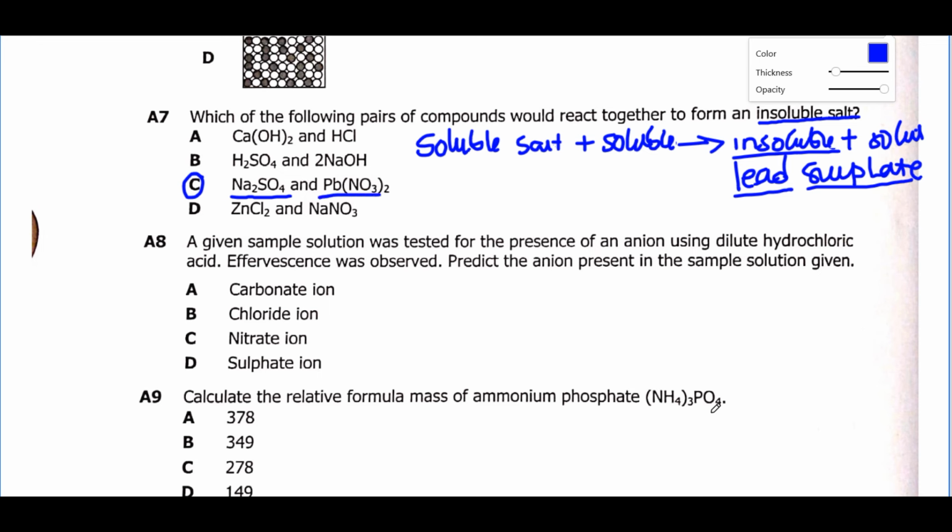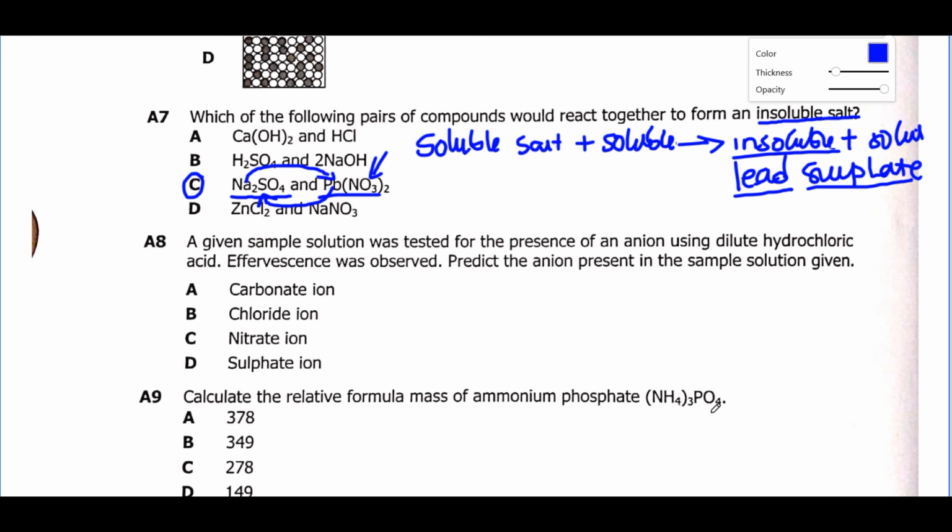Lead nitrate is also a soluble salt. Remember, all nitrates are soluble. So here we are going to have a double displacement. Sodium will displace lead, giving us sodium nitrate, which is a soluble salt. Then the lead will take the sulfate, giving us lead sulfate, which is an insoluble salt.